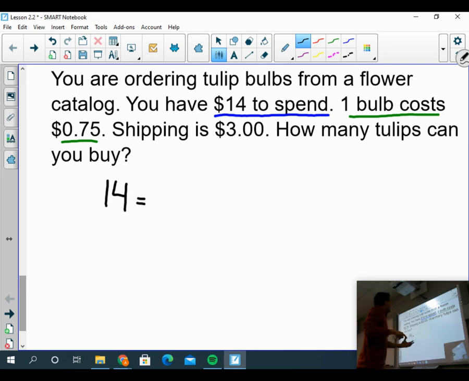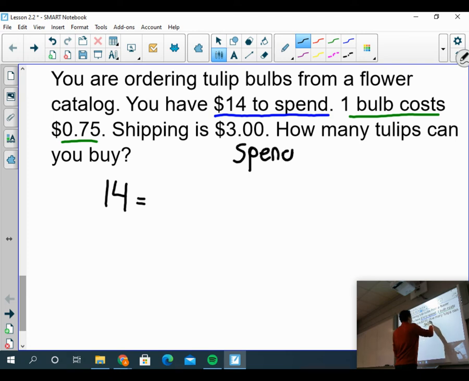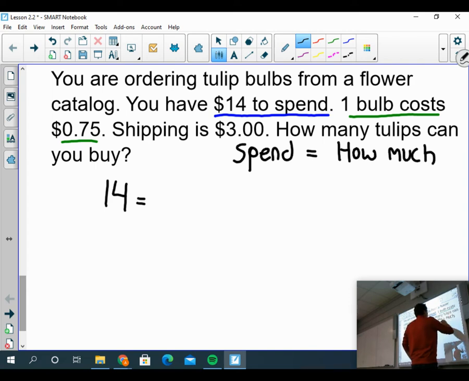And if you know anything about money, you know that the amount you spend has to equal how much, or be less than, but we're not going to deal with inequalities quite yet. So we'll just say equal. The amount we spend has to equal how much we have.